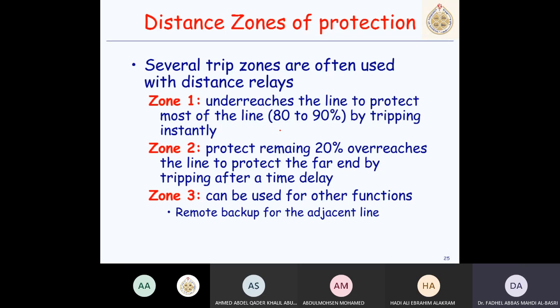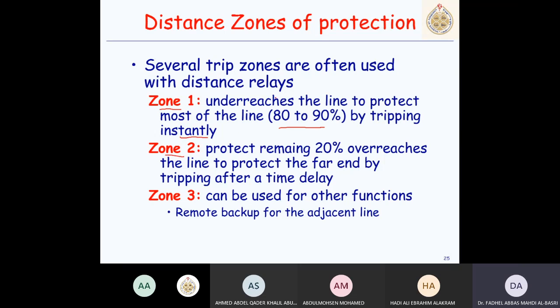In order to protect a line, we need at least two zones of protection. One is zone 1, which covers 80 to 90% of the line, and this zone is instantaneous. There is no time delay.